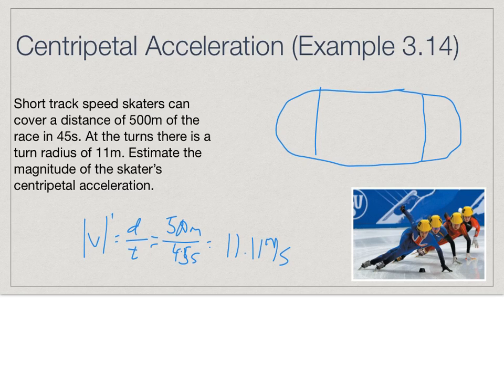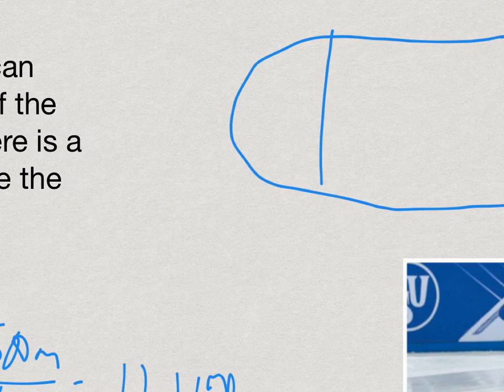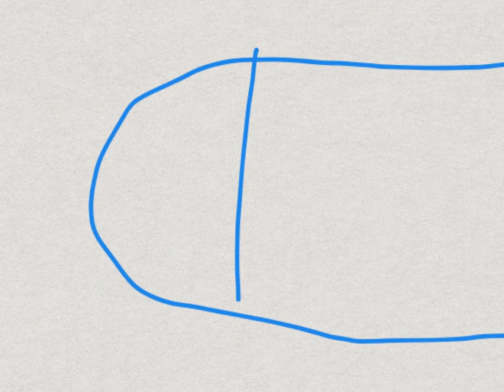So essentially, here at the edges, there is a turn radius. Zoom in here. Right, a turn radius of 11 meters. So this radius right here, in all these directions, is 11 meters.